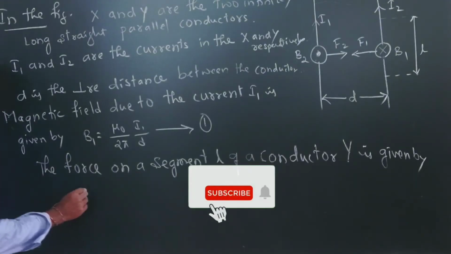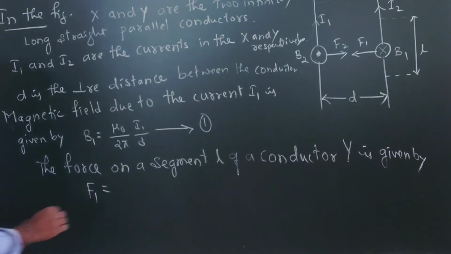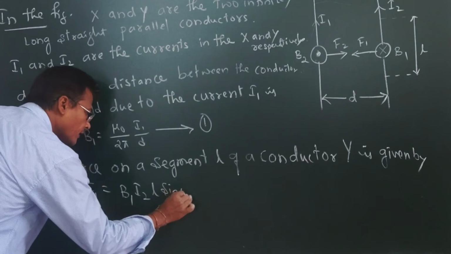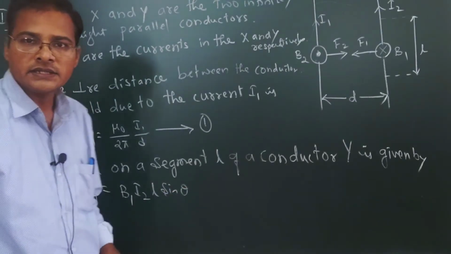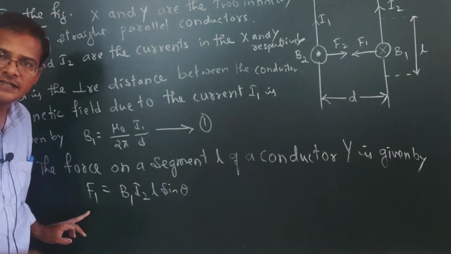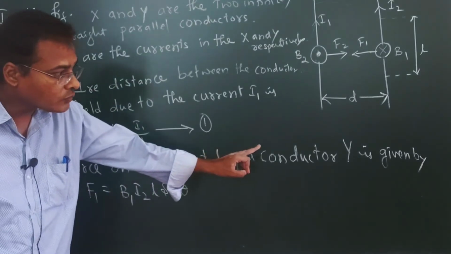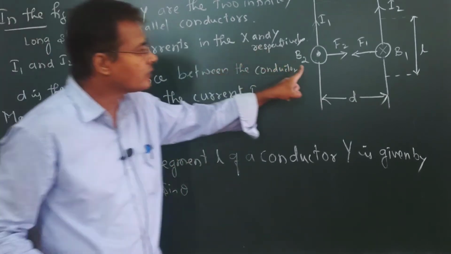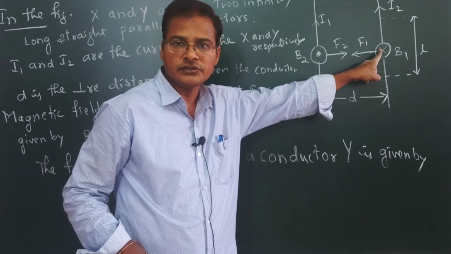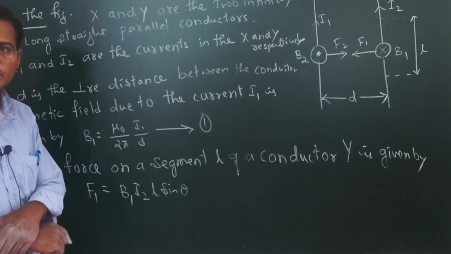How we calculate it: F1 equal to B1 I2 L sin theta. F equal to BIL sin theta, we are using that formula. From the current there is a force exerted on the segment L of conductor Y. So F1 equals B1 I2 L sin theta.